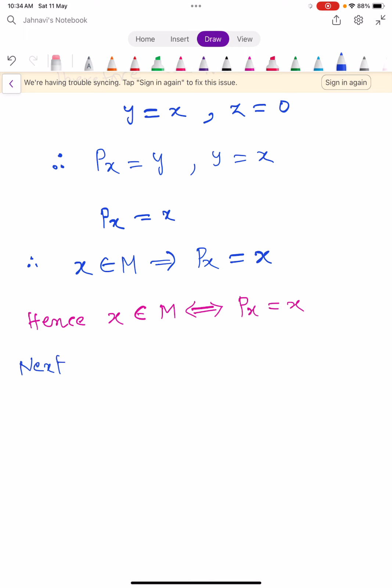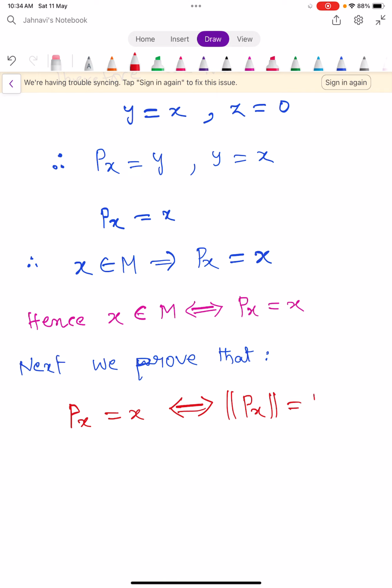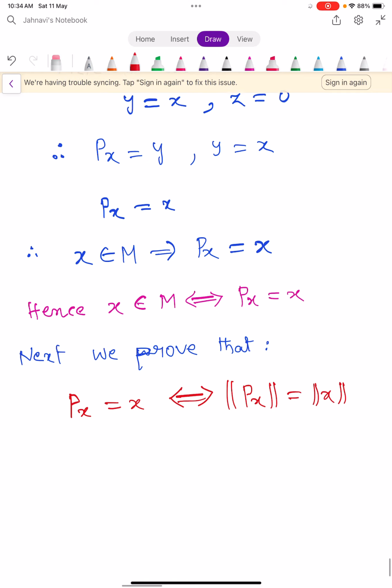Next, we are going to prove that Px = x if and only if norm Px = norm x.